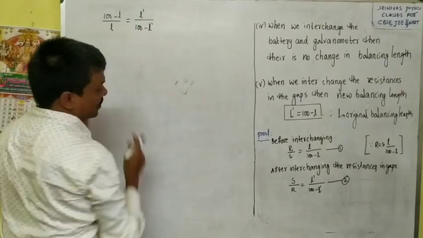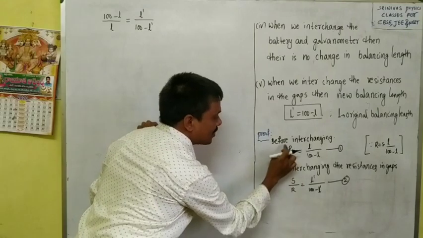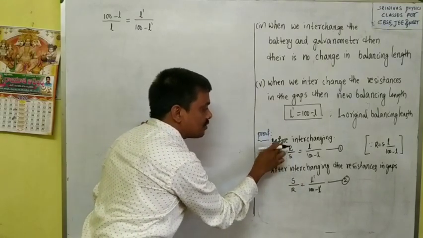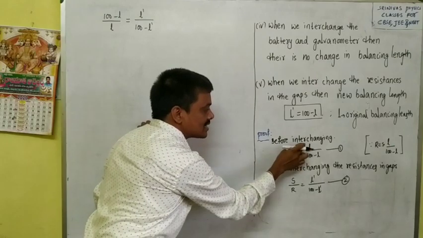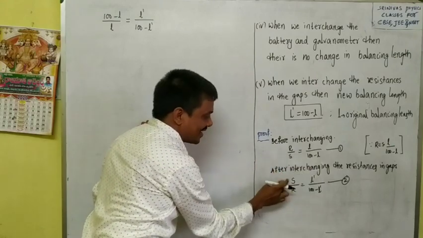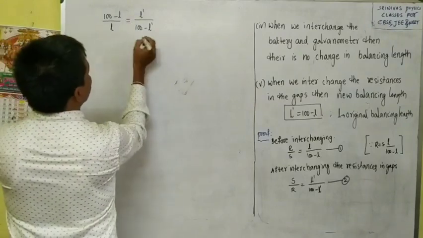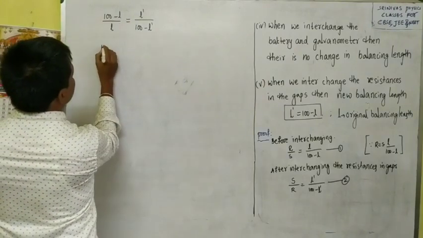What I did: this is S by R, but we already know R by S. You can reverse this, and when you reverse it you get S by R is 100 minus L by L. Here we write S by R, which is 100 minus L by L, equal to L dash by 100 minus L dash. You can do the cross multiplication now.